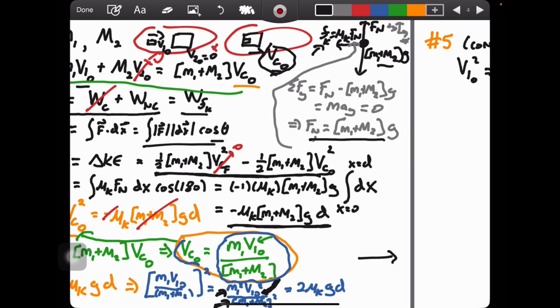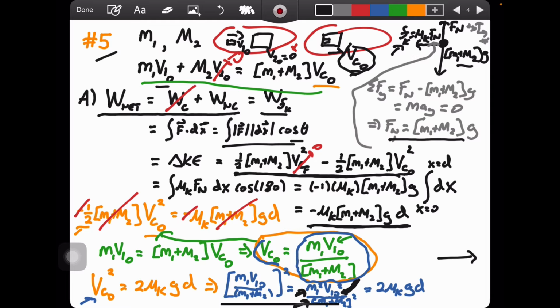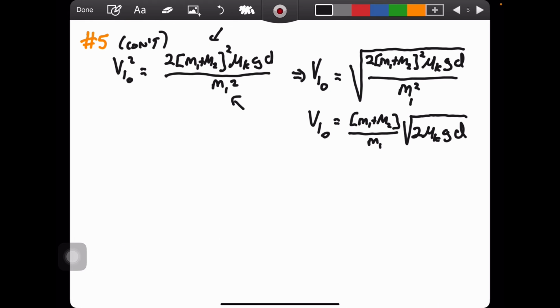So going all the way back here, when the bullet is fired prior to hitting the block, it has some initial velocity. Using the work energy theorem, we knew that friction is going to be doing negative work to eventually bring the bullet block combo to a stop.